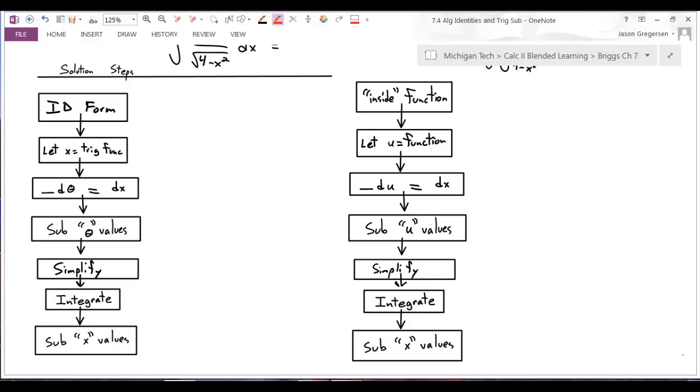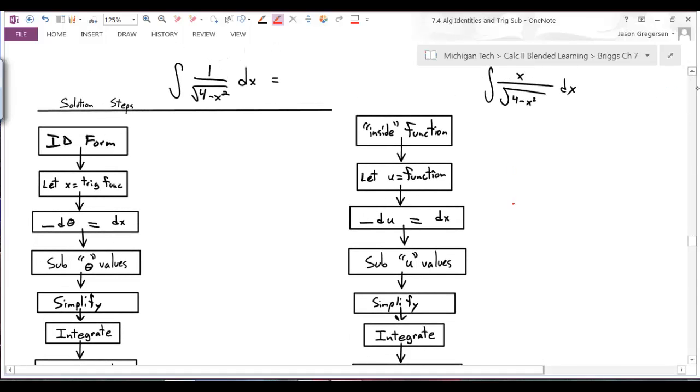So I have an integral up here that we can do that on. This one. My inside function would be u equals 4 minus x squared. I take the derivative. You don't necessarily have to write this stuff down here. The derivative would be negative 2x. I'd solve for dx, which, following my steps, would be negative 1 over 2x du.